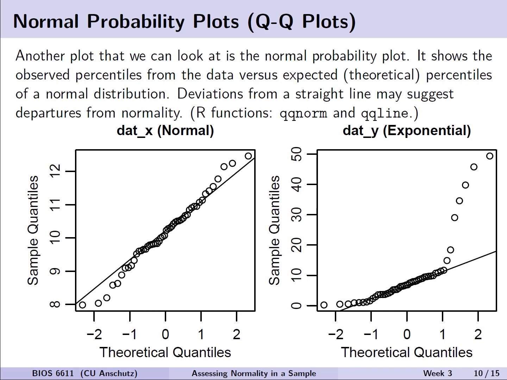Another great graphical tool is what we would call a normal probability plot, or a QQ plot. It shows the observed percentiles from your data versus some expected or theoretical percentiles, in our case, a normal distribution for these normal probability plots.